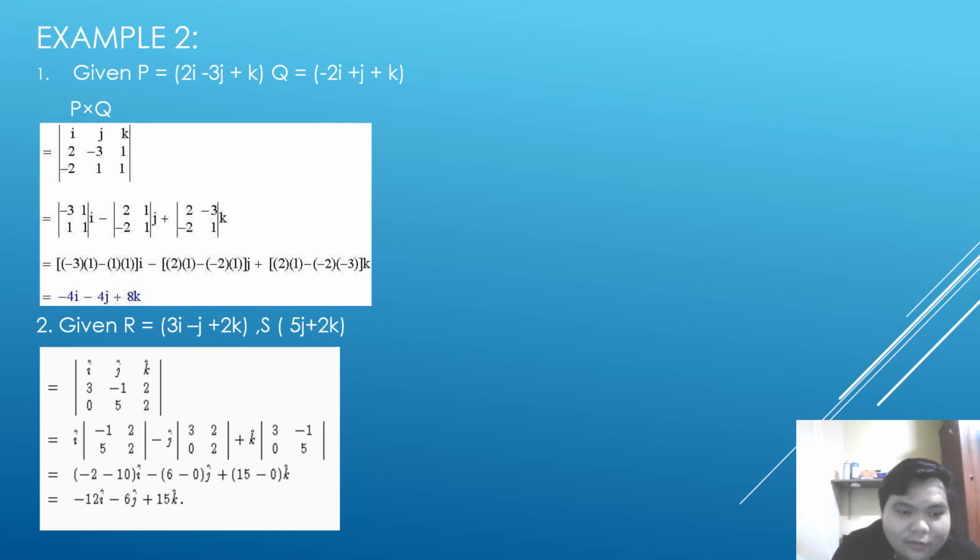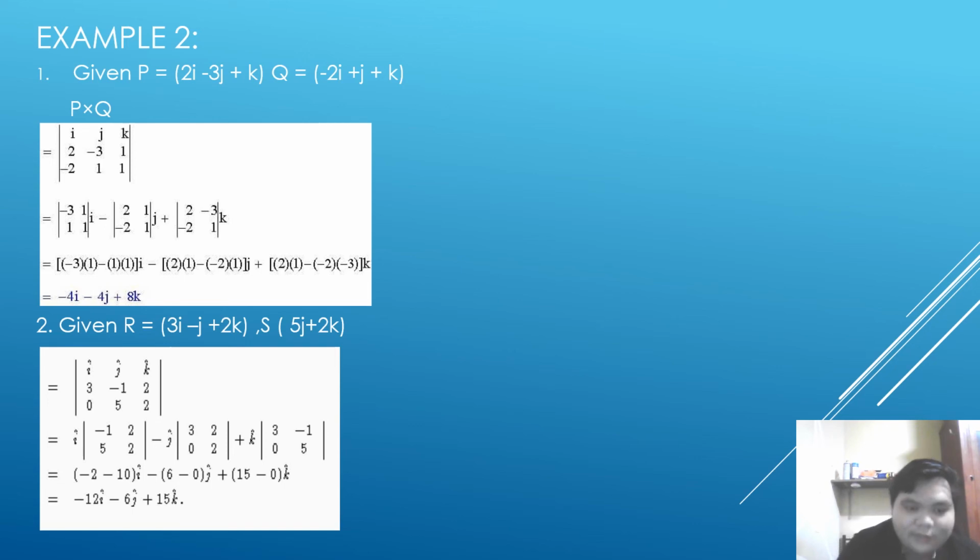This is important because it will give you marks if you write it in the paper. So first step, i is 3 and 0, j is negative 3, negative 1 and 5, k is 2 and 2.